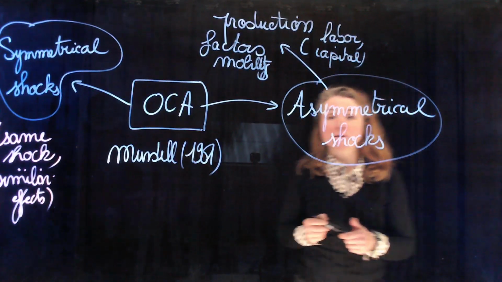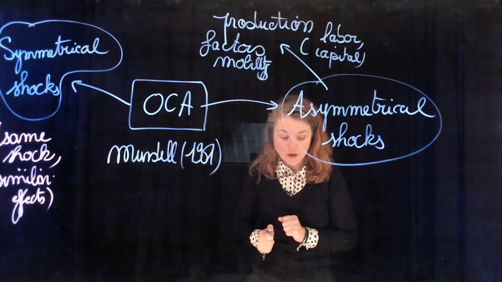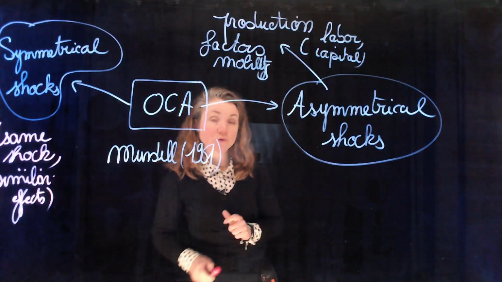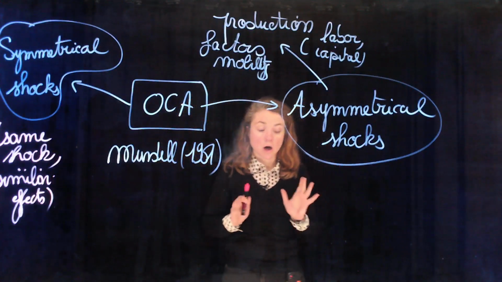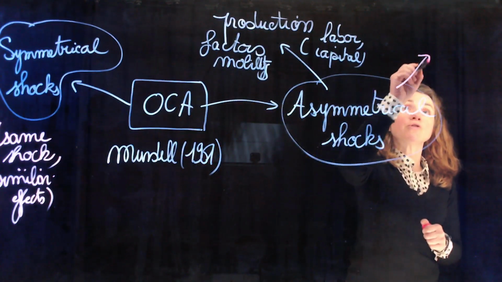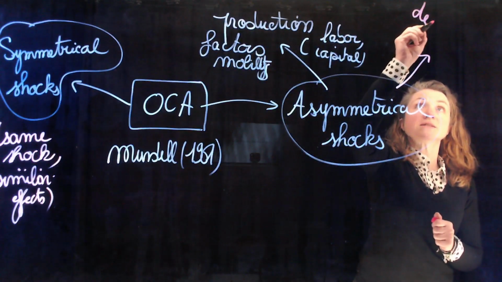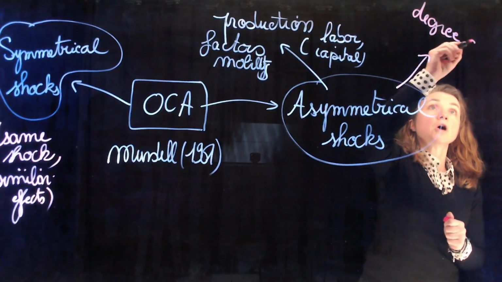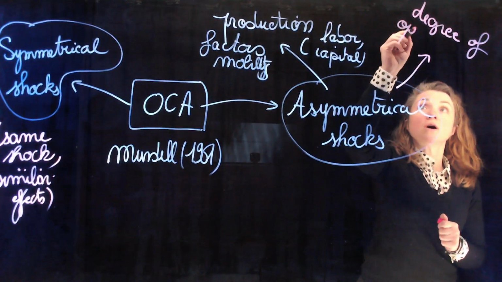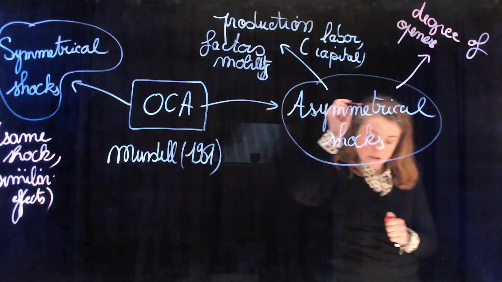But what happens if production factors mobility is not enough? McKinnon considers that we could focus on the degree of openness. So another economist, McKinnon, explained that the degree of openness of the area is quite important.